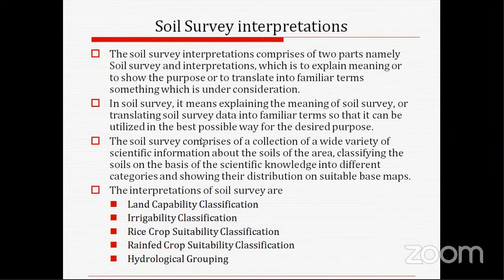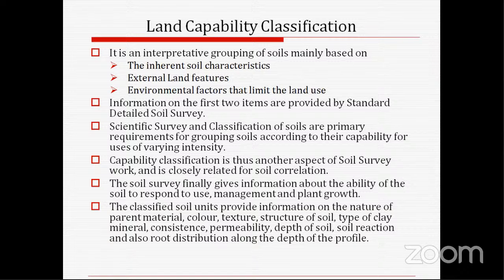Now we will see land capability classification. Based on which characteristics? Students, mostly we collect the data based on three features. One is inherent soil characteristics, another is external land features. We have just discussed that if a farmer wants to buy land, what kind of characters should he see? Whether it is located in which type of topography, and what the inherent characters are.